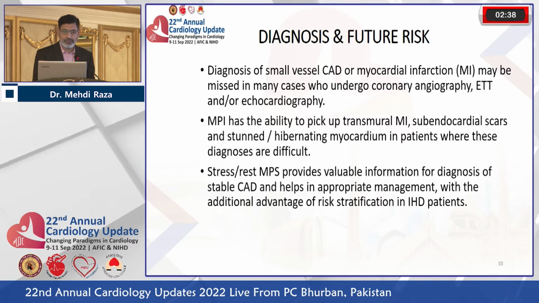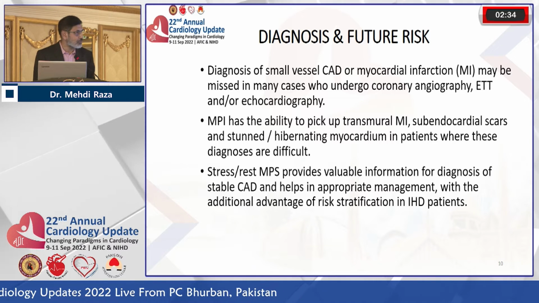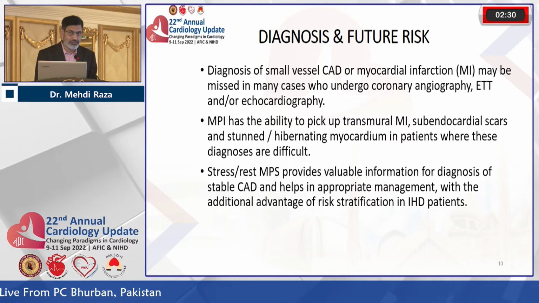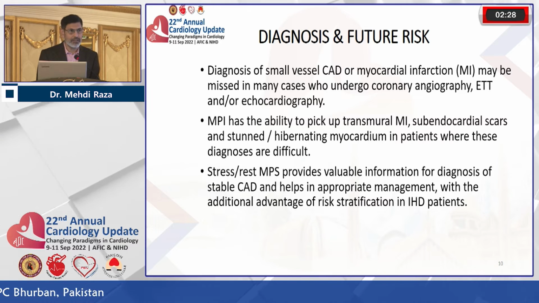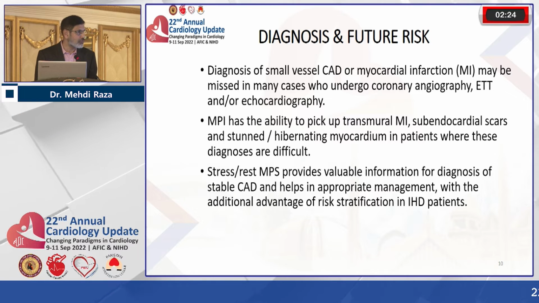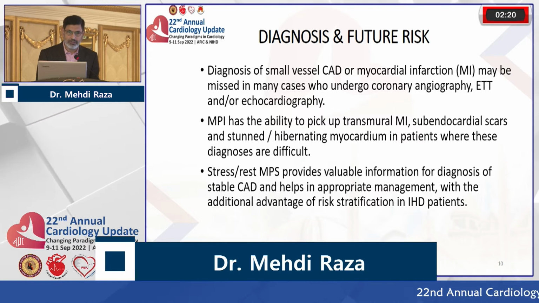So, diagnosis and future risk. As she was talking of risk stratification, myocardial perfusion imaging is very important in risk stratifying patients, as well as looking at the effectiveness of the current treatment. Even the previous treatment, if revascularization was done, how good or bad is the patient now?